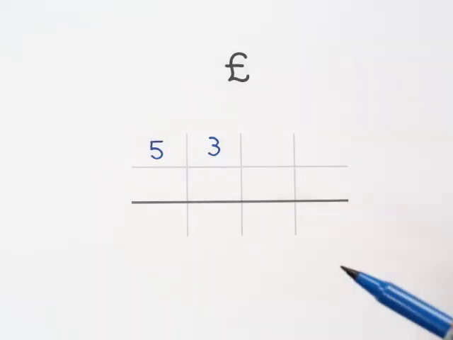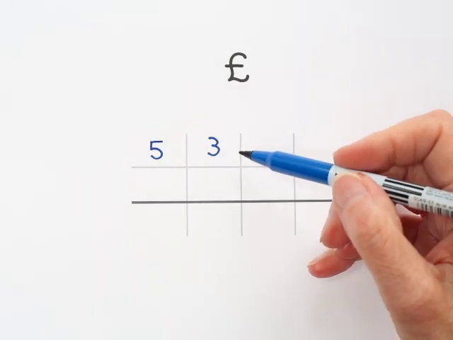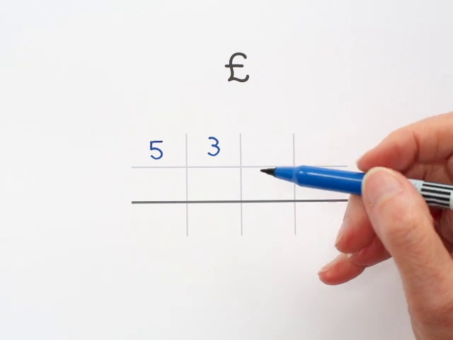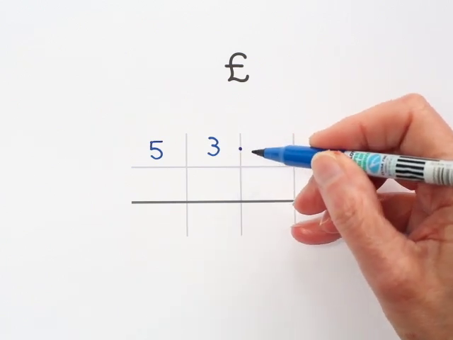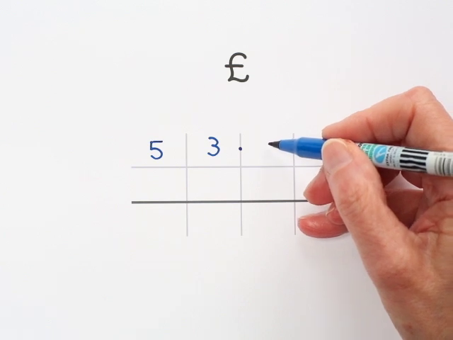Here's another example using money, which has 2 places of decimals after the decimal point. Let's do £53 minus £27.62p. You write down the whole number of pounds, there it is, add a decimal point after the 3, then add 2 zeros because there are no pence.